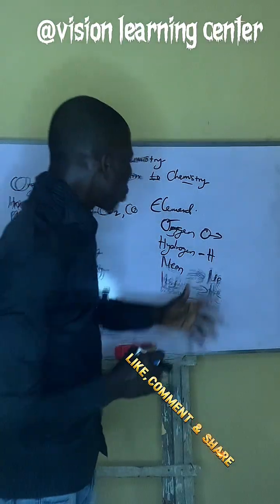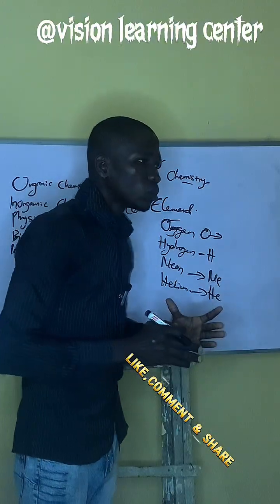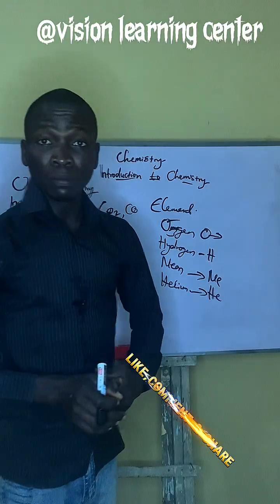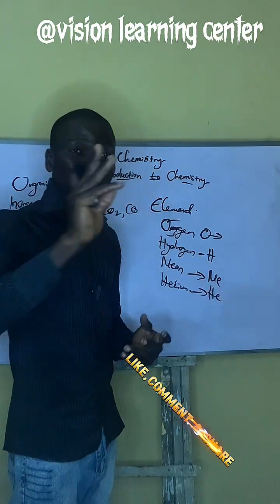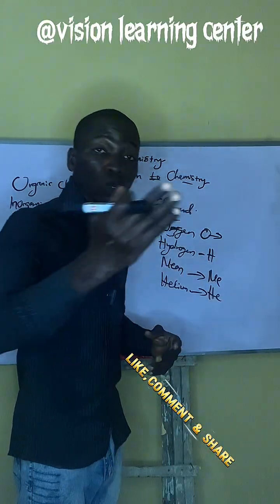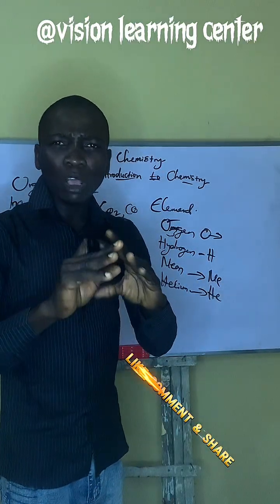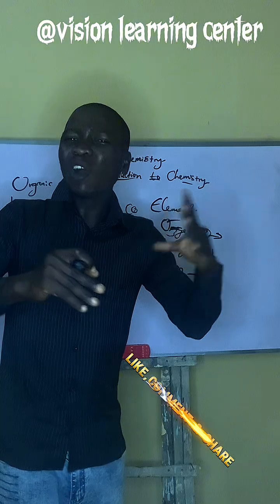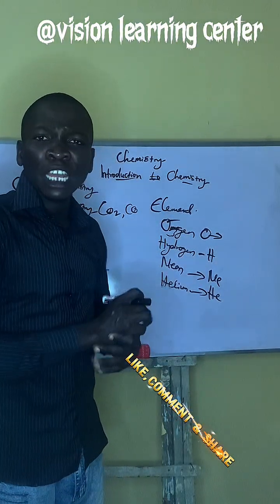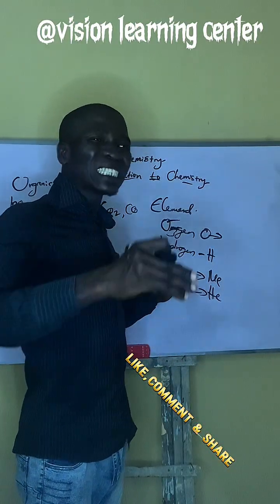So these chemical symbols are gotten from two places. Number one, they are gotten from their English name, like oxygen, the first letter of the English name, which is O. Hydrogen is also gotten from the English name, the first letter, which is H. Some are gotten from a combination of the first capital letter and another small letter, like neon, which is the first letter and the next letter.